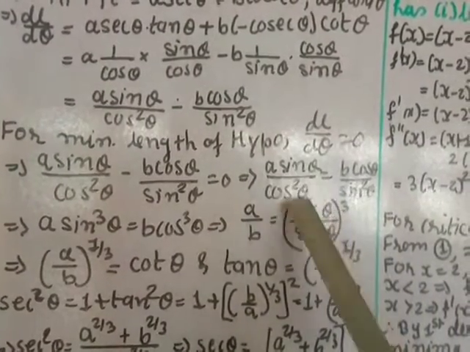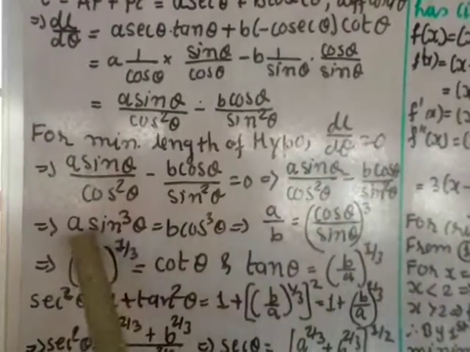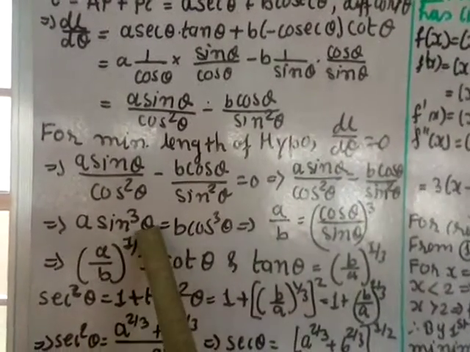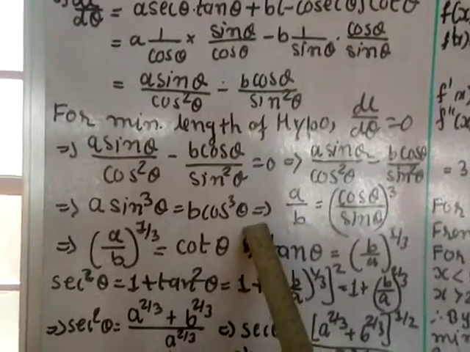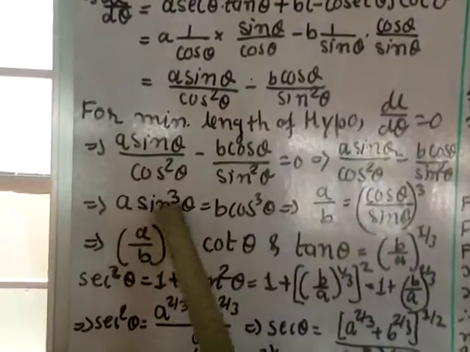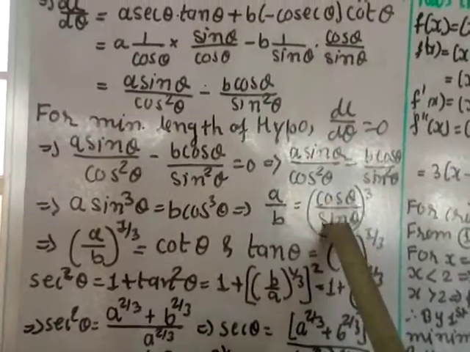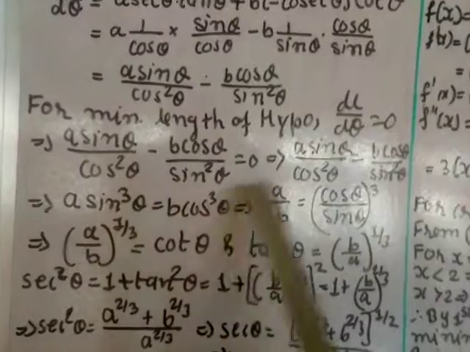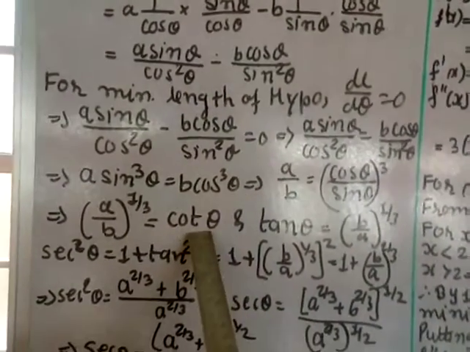Cross multiplying, a sin into sin square is sin cube theta, equal to b cos square into cos, which is cos cube theta. Transferring b and sin cube, a by b equals cos theta by sin theta, both to the power cube, written together as a cube. And cos by sin is nothing but cot theta.